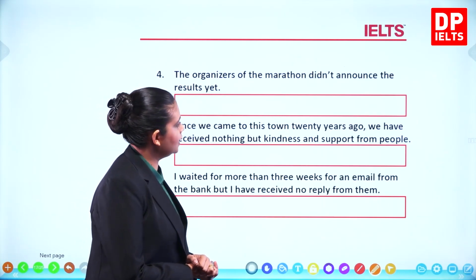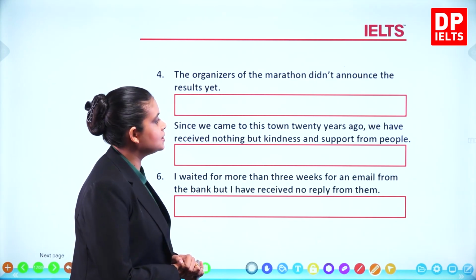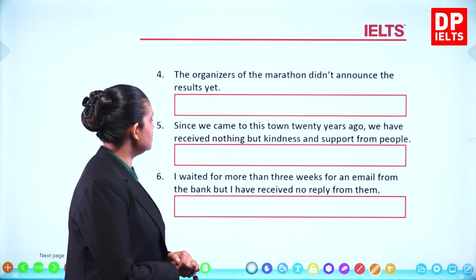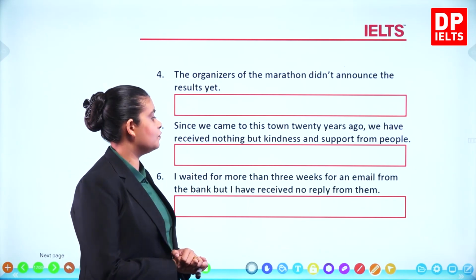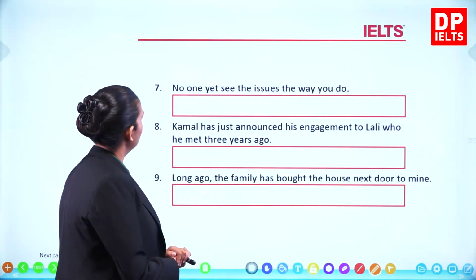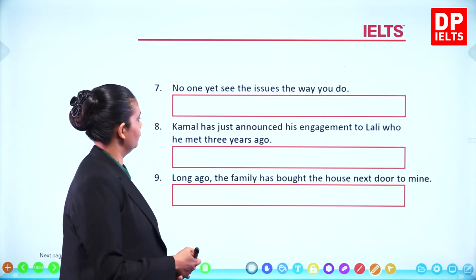Since we came to this town 20 years ago, we have received nothing but kindness and support from people. I waited for more than 3 weeks for an email from the bank, but I have received no reply from them. No one yet see the issues the way you do.